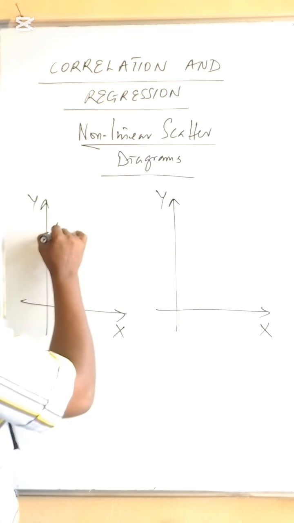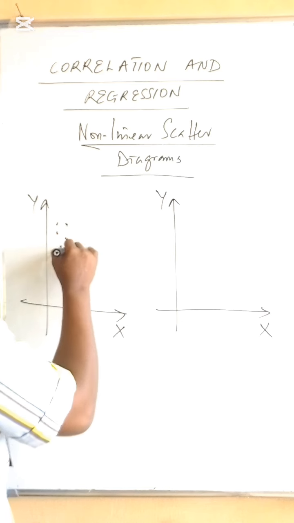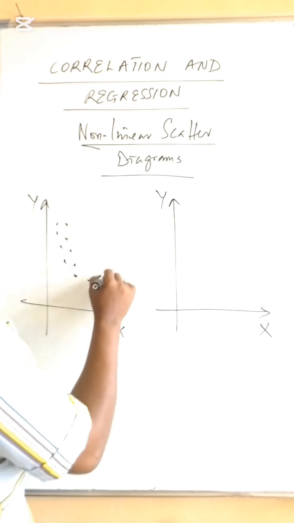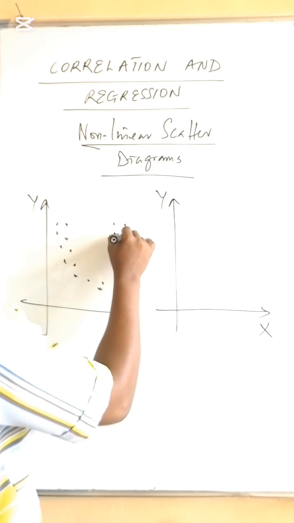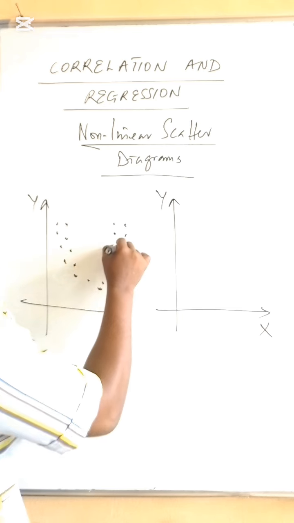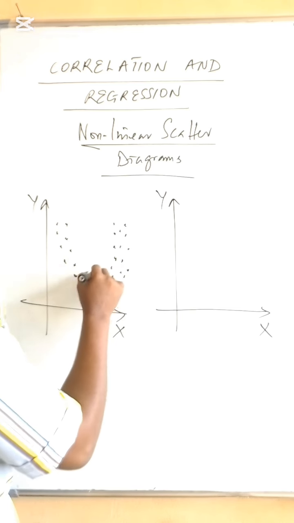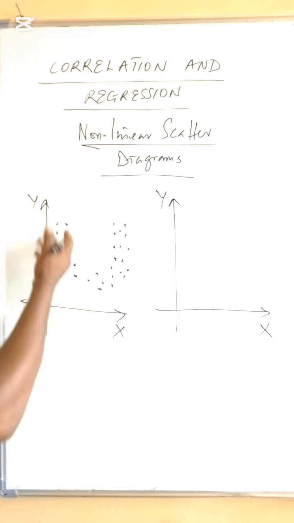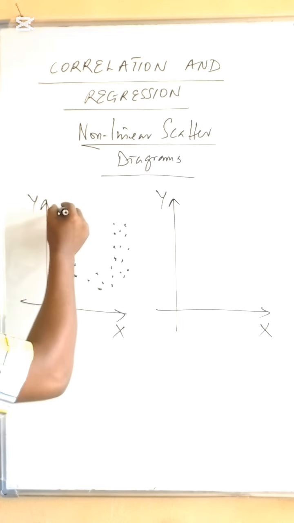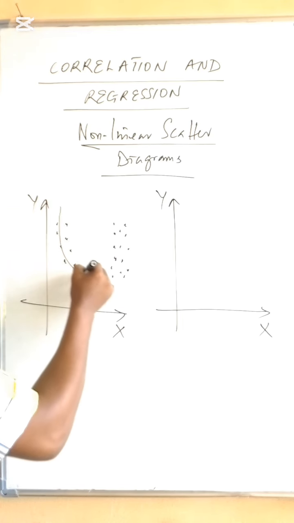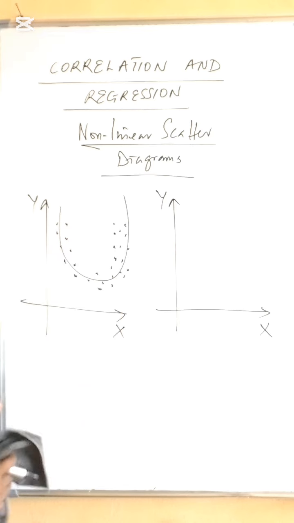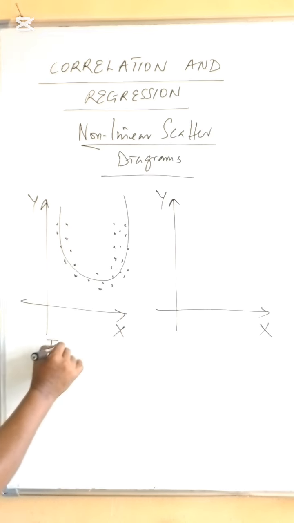If the points you plot seem to follow a curve-like movement, the movement about a curve. So if you have plots not following a straight line but appearing like this, such that if you were to put a curve about them, you may have something like this. In this case, we would say our correlation is non-linear.